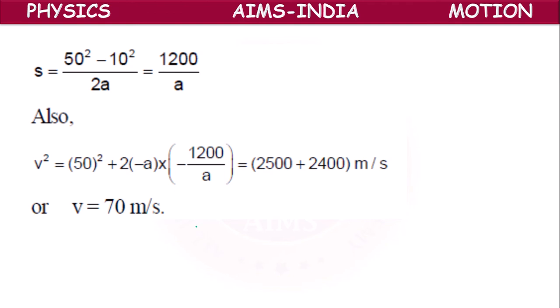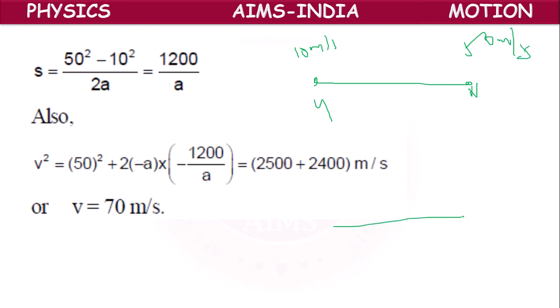So, children, the body started from a point with a velocity of 10 meter per second, which is u, and went up to a velocity of 50 meter per second. This is the first case. In the second case, at velocity 50 meter per second, the acceleration becomes reversed, minus a, and it is coming back to the original position.